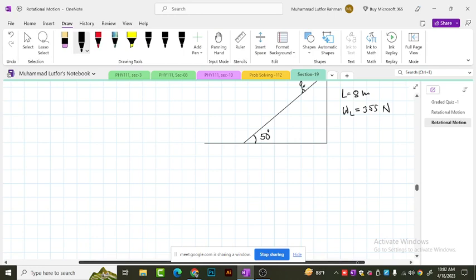And the weight of this person is 875 Newton. So he is standing at a distance of 6.3 meters from this bottom point. That means this distance from here to here is x.